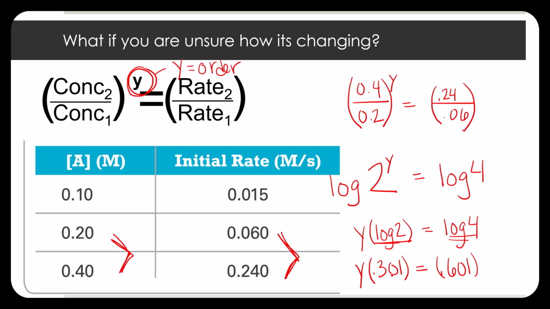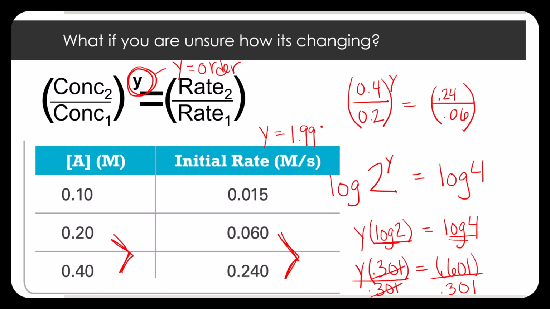And now to solve for y, I just divide by 0.301, and then we'll get y equals, so I'm going to type this into my calculator, 0.601 divided by 0.301, and it equals 1.99.